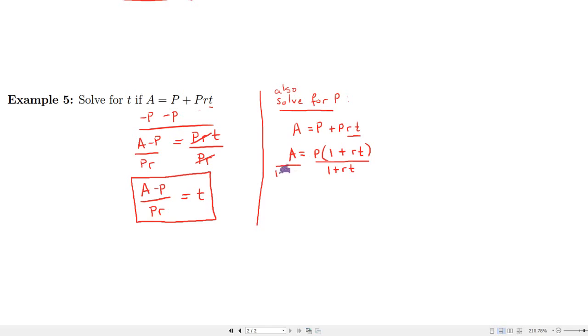And so this whole factor is going to reduce, and you're left with p is equal to a over 1 plus rt. So I think that's a good extra problem to take a look at, because it's definitely a different situation solving for p versus t.